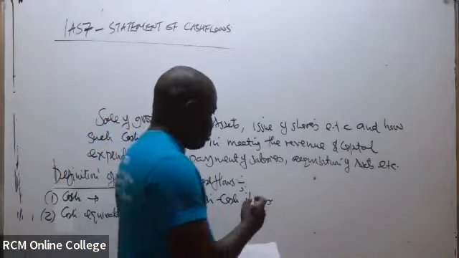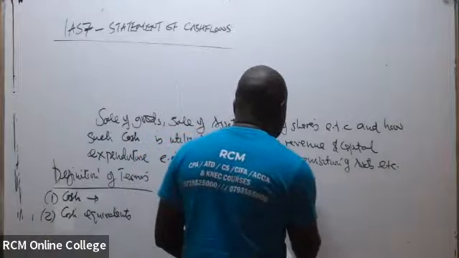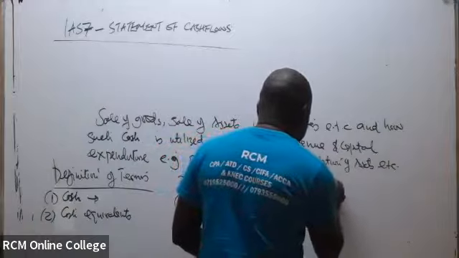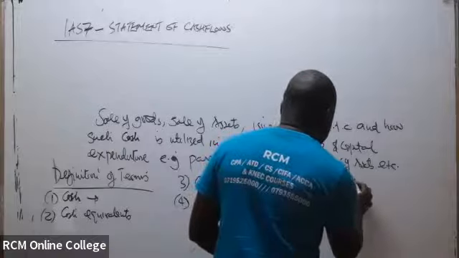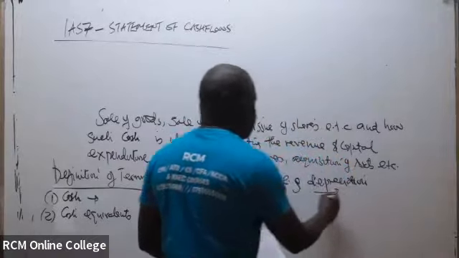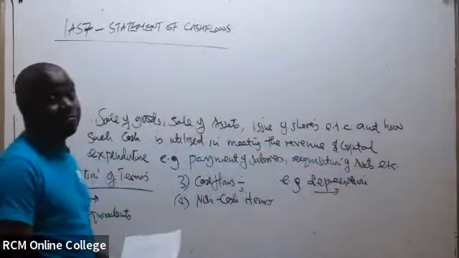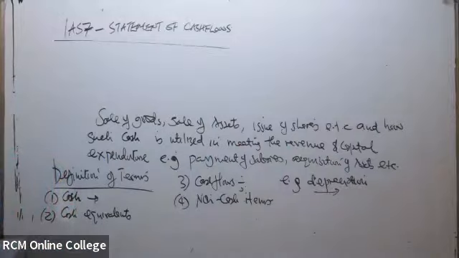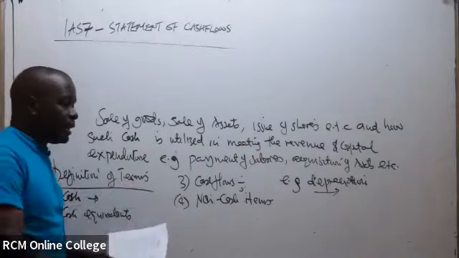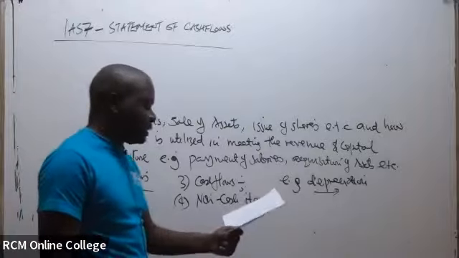For example, depreciation. You normally recognize it as an expense, but there's no money that has gone out of the business. It's just the loss of value of an asset, but you haven't paid any money out. So it's a non-cash item.